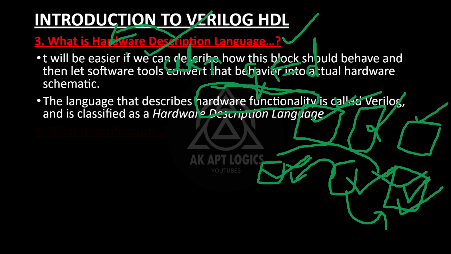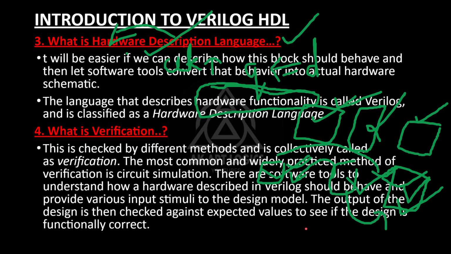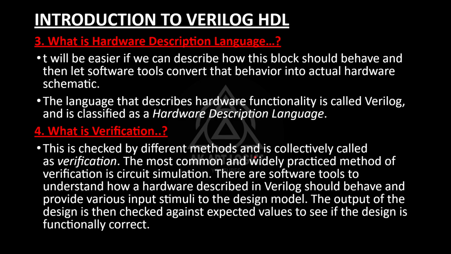Next, what is verification? This is checked by different methods, collectively called verification. Verification is nothing but applying the test cases, test vectors or scenarios using the TB to the design code.